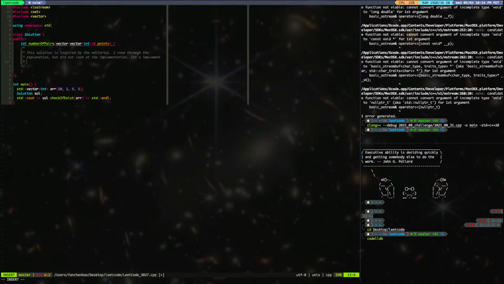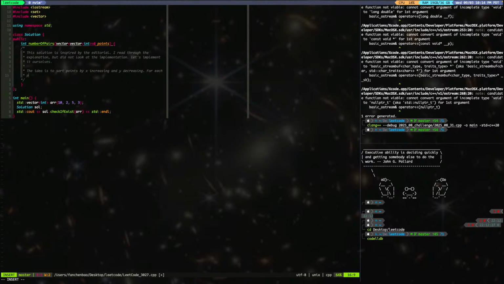Let's implement it ourselves. The idea is to sort points by x increasing and y decreasing. For each point i, we consider it the top left, then we go through the remaining points j to check if it can serve as the bottom right.